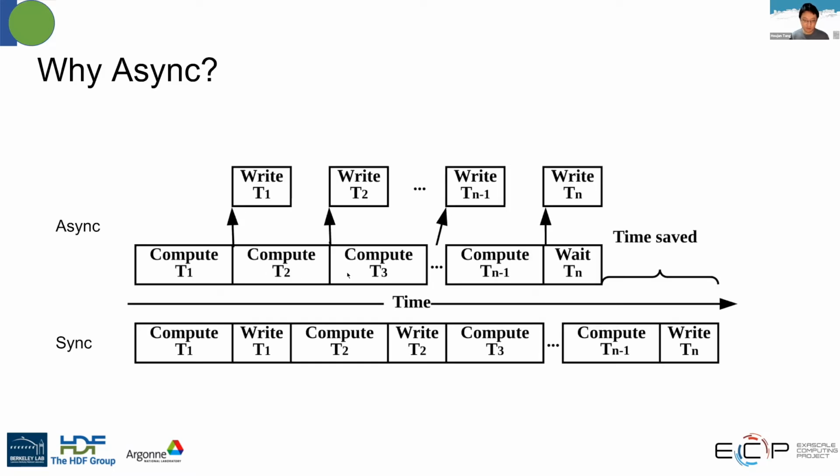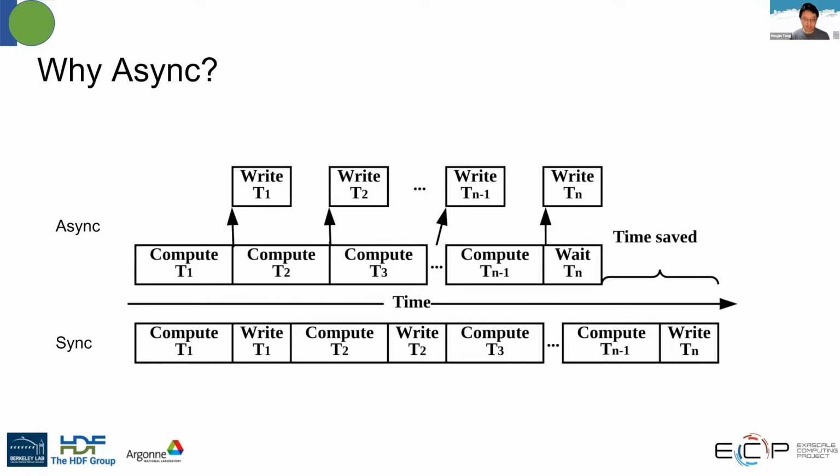So first of all, why do we want to develop this Async Cloud? Many applications, especially scientific simulations, write output data or checkpoint data periodically. As applications move to GPU or other accelerated computing, while the CPU is doing all this I/O, the computing units like the GPU are sitting idle, so it's a waste of resources to wait for all the I/O activities to finish.